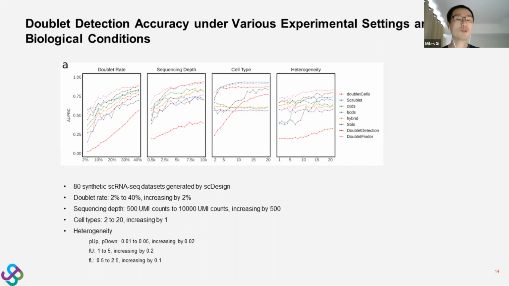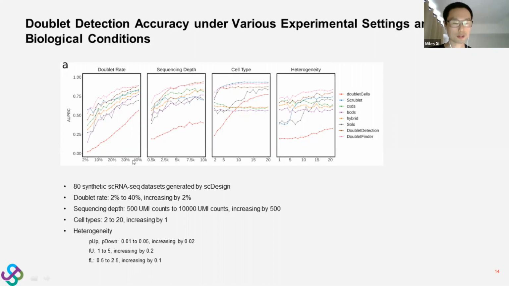In other words, if you think of an image, it's how clear your image is. Then how many cell types are in your data set. And heterogeneity means how different those cell types are. We compare different methods based on these four dimensions.